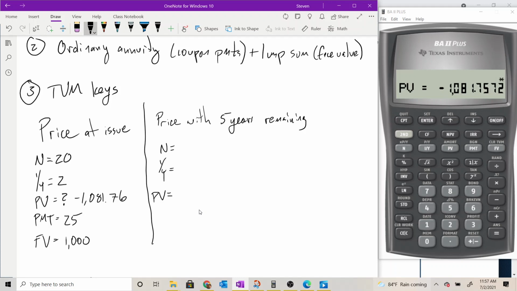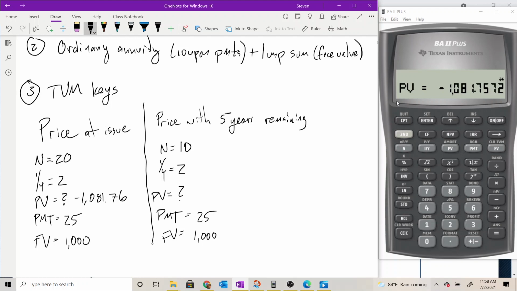All of our entries are actually going to be the same except N. N was 20 because we had 10 years to maturity. Now it's going to be 10 because we have 5 years to maturity, but it's making 2 payments per year, so we've got 10 total payments left. The yield is still the same, 4%, but we need the 6-month effective rate, so we divide it by 2 and plug in 2 for the interest rate. Present value is what we're looking for. Payment is still 25, and future value is 1,000.